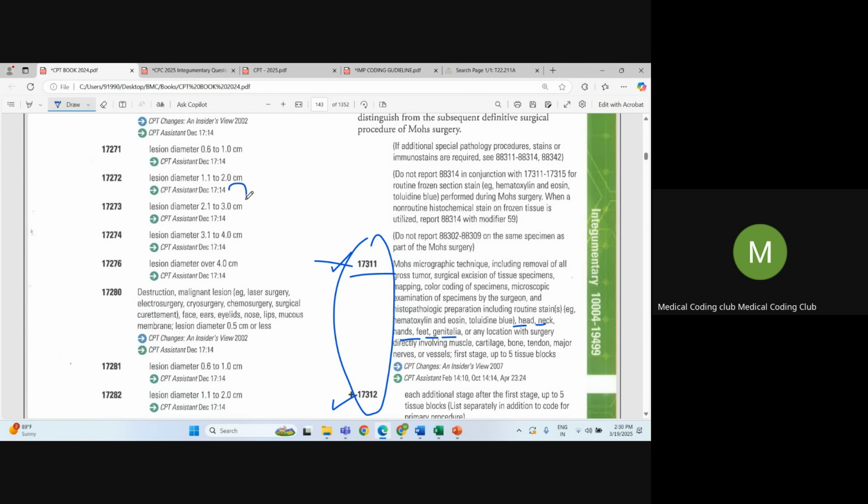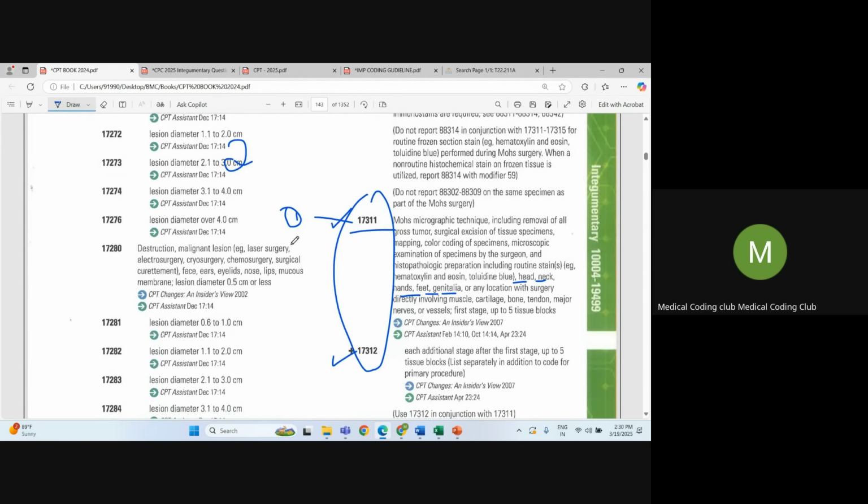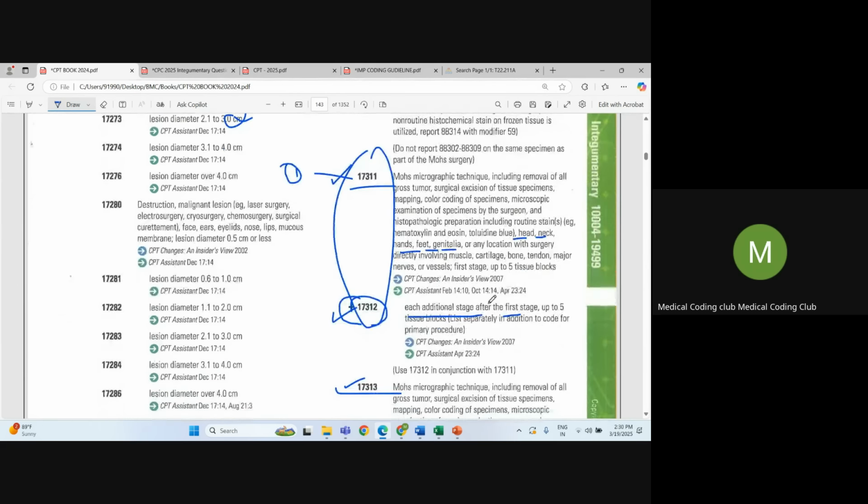Okay, total 2 stages they have performed. 17311 covers the initial stage, a single stage. To code one more additional stage, you are going to utilize 17312, each additional stage after the first stage. In each stage, we are allowed to take up to 5 tissue blocks.